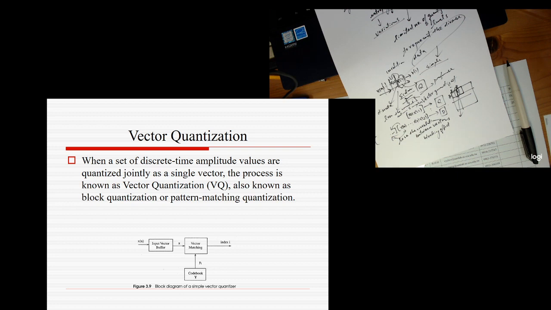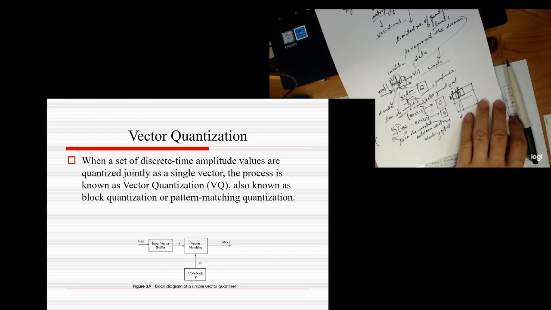That is why the scalar quantizer performs worse: the vector quantizer does a better job because it considers more data correlation. However, vector quantization also has a blocking effect, while a scalar quantizer treats samples independently and loses the correlation between samples.